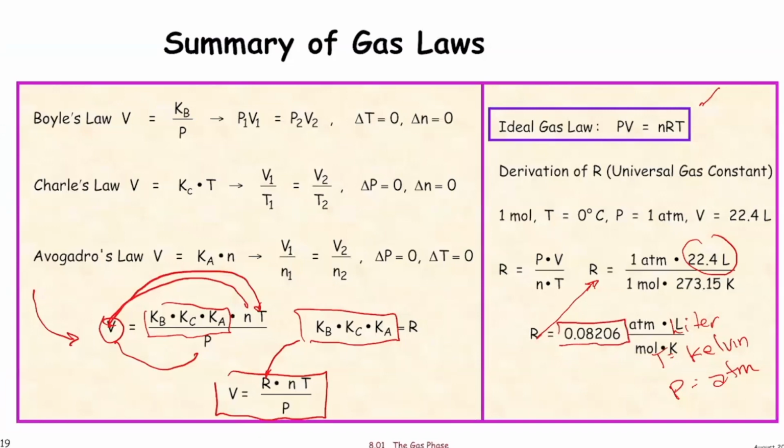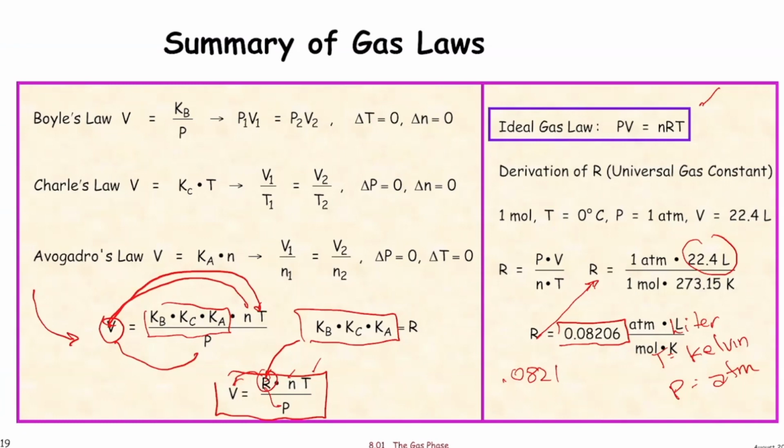A lot of books will just write 0.0821. That's fine too. I just learned it as 0.08206. So 0.0821 liters atmosphere per mole Kelvin. Those are the units. Notice that liters and atmospheres are on top. Why? Because liters is right here, and atmosphere is right here.